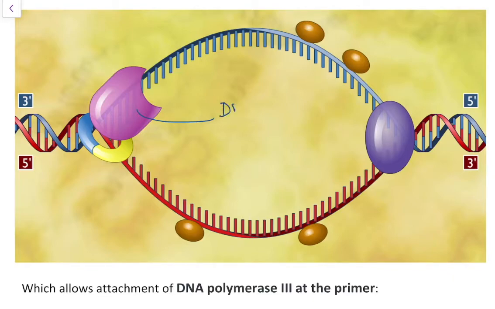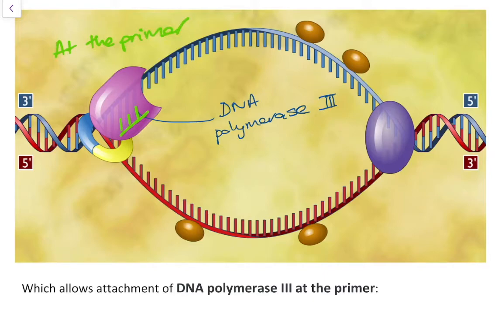This is DNA polymerase, and it is number 3, DNA polymerase 3. So what you couldn't quite see is what it's binding to underneath: it's binding at the primer. So DNA polymerase 3 binds at the primer, which is allowing it to attach.